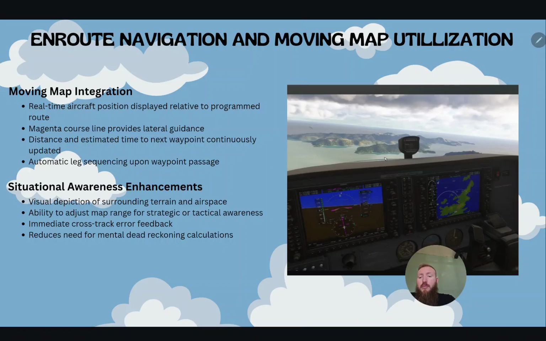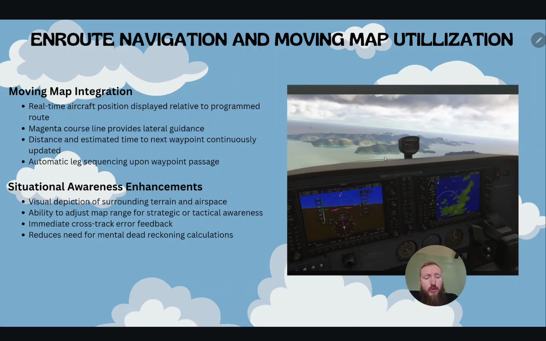Situational awareness enhancements. So a visual depiction of surrounding terrain. Down here on the map, you can see all the islands and stuff that were around him as he was flying. The ability to adjust map range for strategic or tactical awareness. Immediate cross-track error feedback as the wind's blowing you off course or whatever.